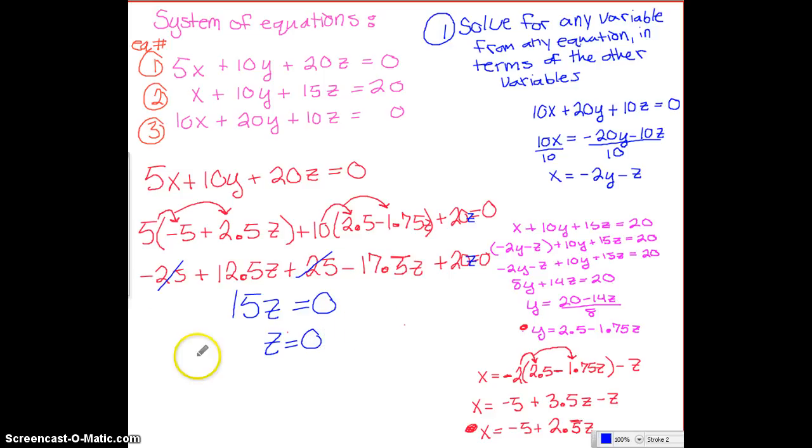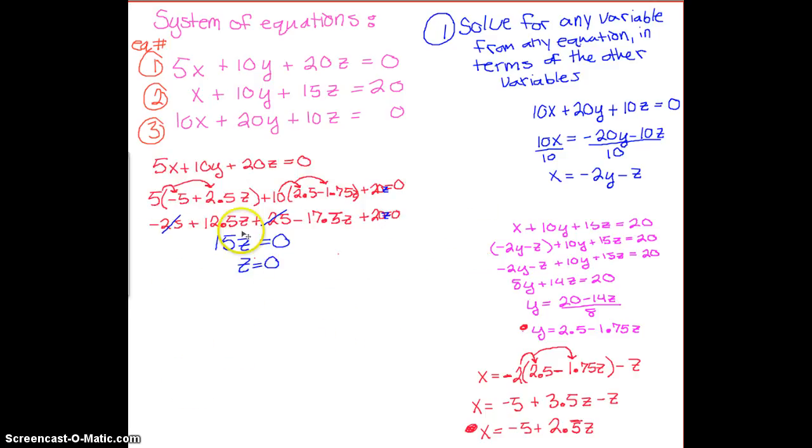So now we can plug this z back into either of these y or x equations and solve for x and y. I'm just going to grab one of these equations that I have right here. I'm going to choose the y first. So I have y is equal to 2.5 minus 1.75z. And we're going to plug in the 0 for z.